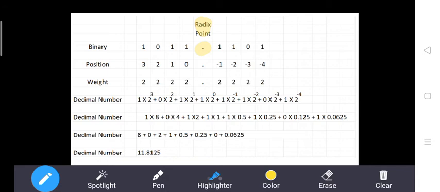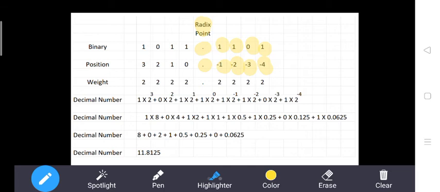So again, I write the position. While writing the position, first we consider the radix point. On the right hand side, we find the position is negative, meaning the first digit has position -1, the second digit has position -2, the third digit has position -3, and the fourth digit has position -4.